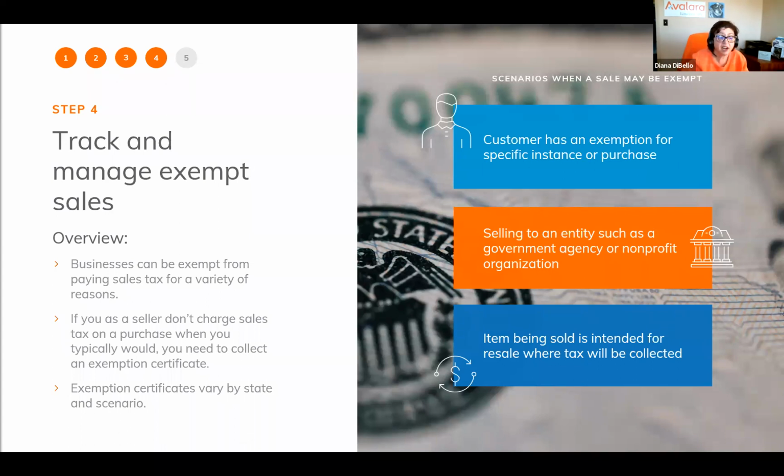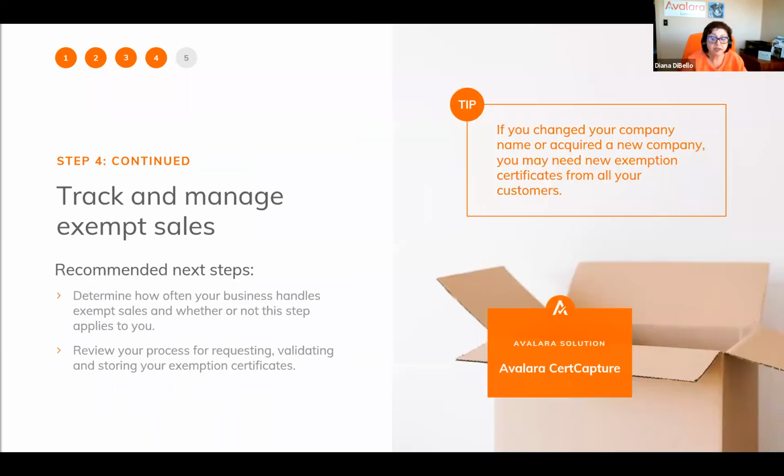Now, some states vary in their effective period. So if you are obtaining resale certificates from your customers in Florida, those resale certificates expire every year at the end of the year. So managing all of that is a challenge for companies that are making exempt sales.